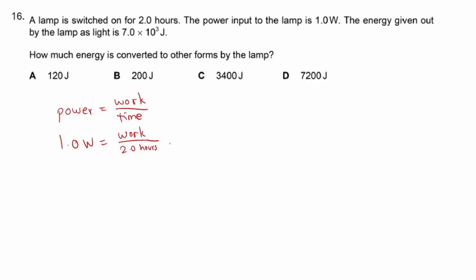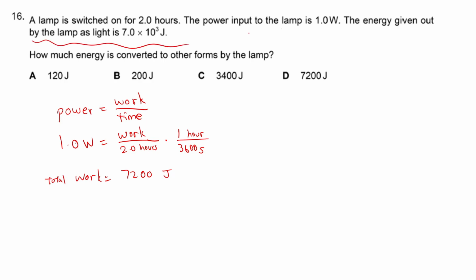We have to convert this into seconds because the base SI unit for power uses seconds. So if we convert this and multiply it out, we get that work is equal to 7,200 joules. So this is the amount of total work, I should say.